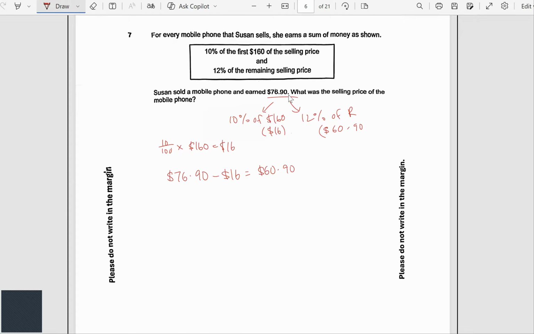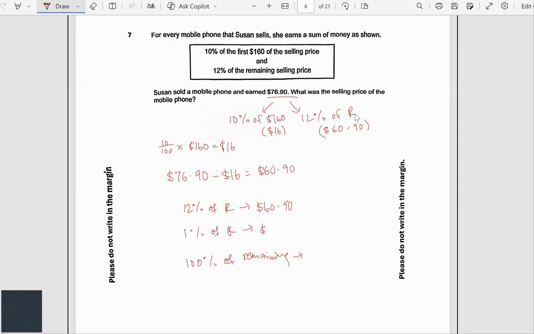Okay, $60.90 is what she earned, which is 12% of the remaining. So 12% of the remaining is $60.90. Find 1% of the remaining. Then after that, you find 100%, not the original full amount, but the original remaining.